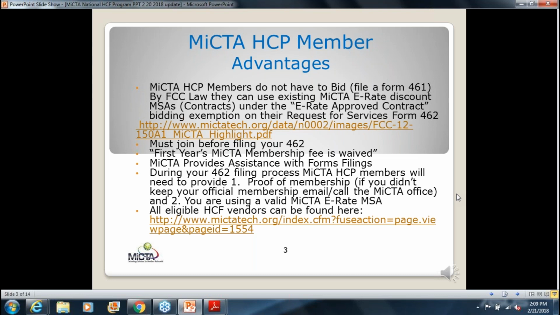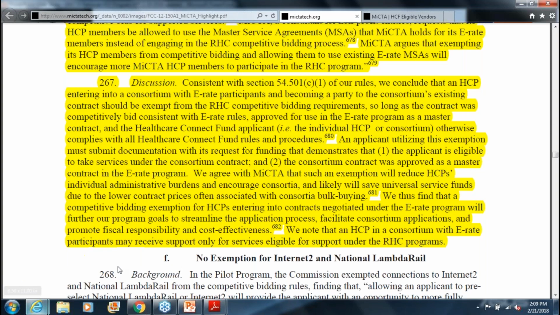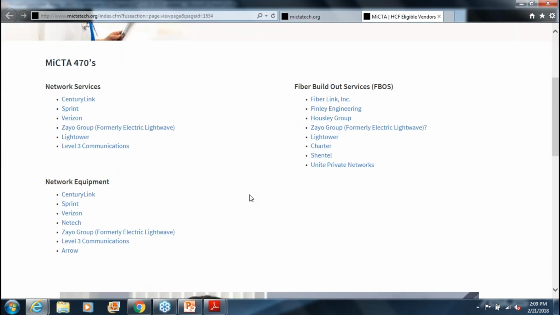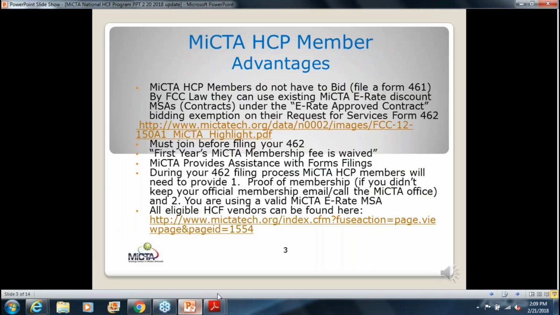And we also provide a document that says that you are using a valid MiCTA E-rate MSA. And all eligible vendors who the members can take advantage of under this currently are, and you can see the listing. And we provided the URL for means of convenience for the members and the vendors to be able to get into that specific page on the MiCTA website.